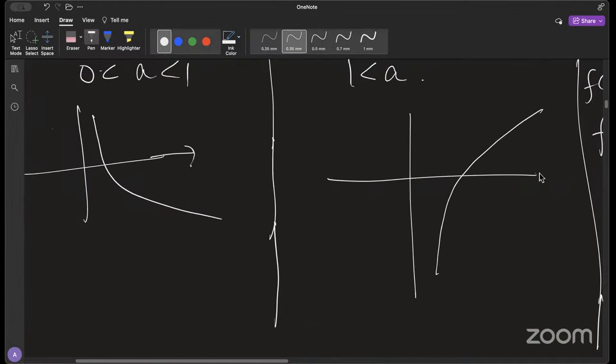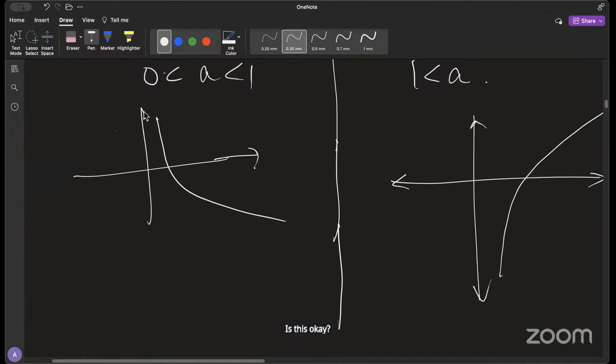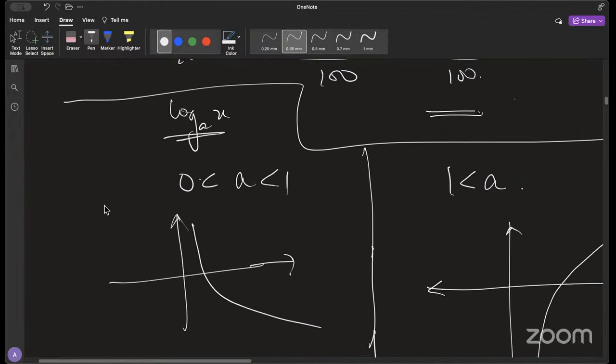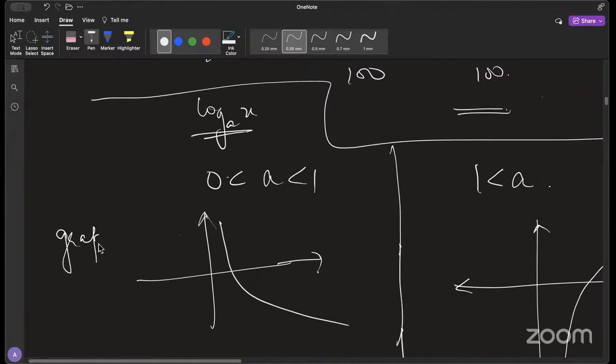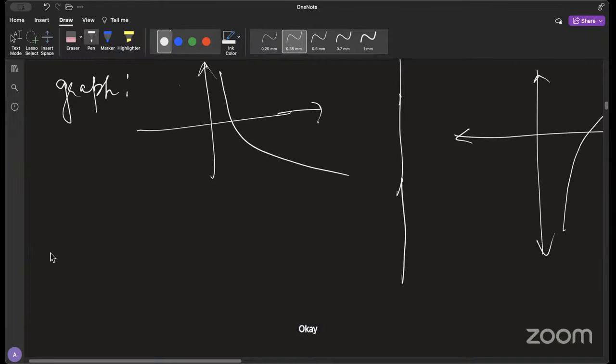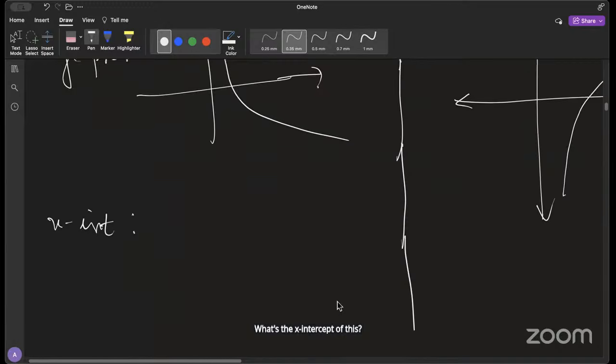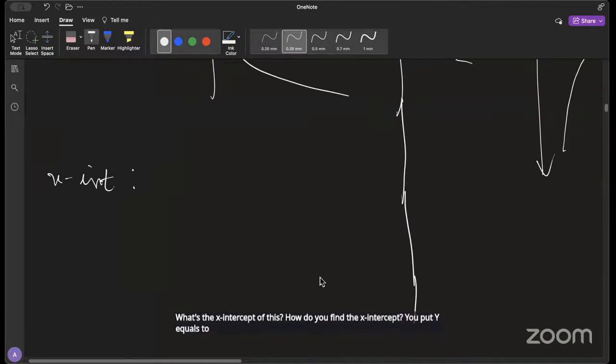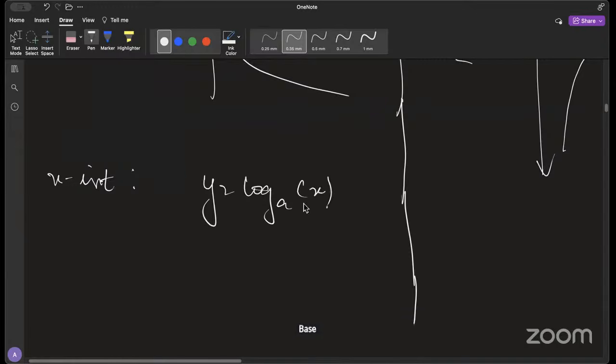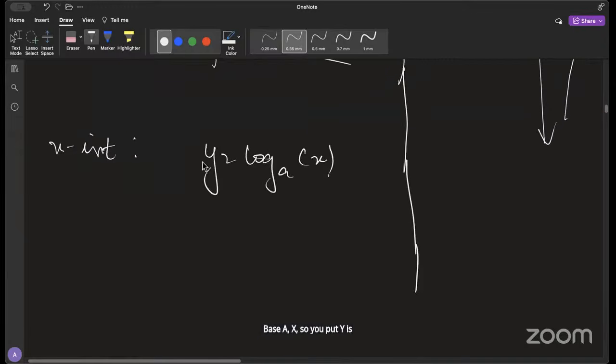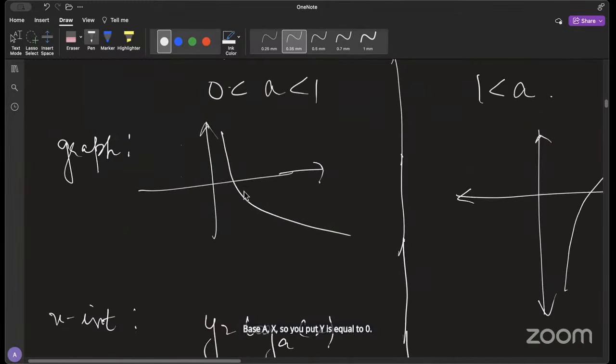Is this okay? Yes, ma'am. Okay. Then we have x-intercept. What's the x-intercept of this? How do you find the x-intercept? You put y equals 0. So your function is y equals log base a x. Even though you can see from here that we have an x-intercept, right?